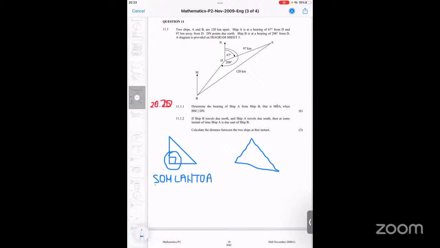So that means you can use sine, cos, and tan. And lastly, you can use the theorem of Pythagoras every time you have a right-angled triangle. But if you don't have a right-angled triangle, you will use the sine rule, and you will also use the cos rule.